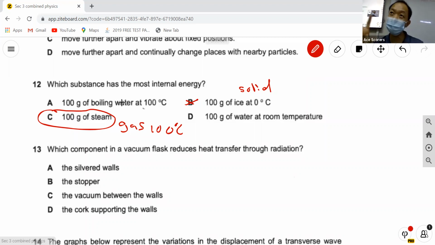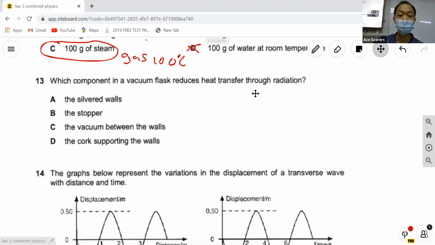Yeah, it's in the middle. You understand, right? So it is still a bit of liquid and gas. So liquid also no, you see. So we are looking at gas. Which one has more internal energy means the molecules, the particles, do they have a lot of kinetic energy, right? Because all of them are at least at 100 degrees Celsius comparing these two. So definitely gas would have more kinetic energy.